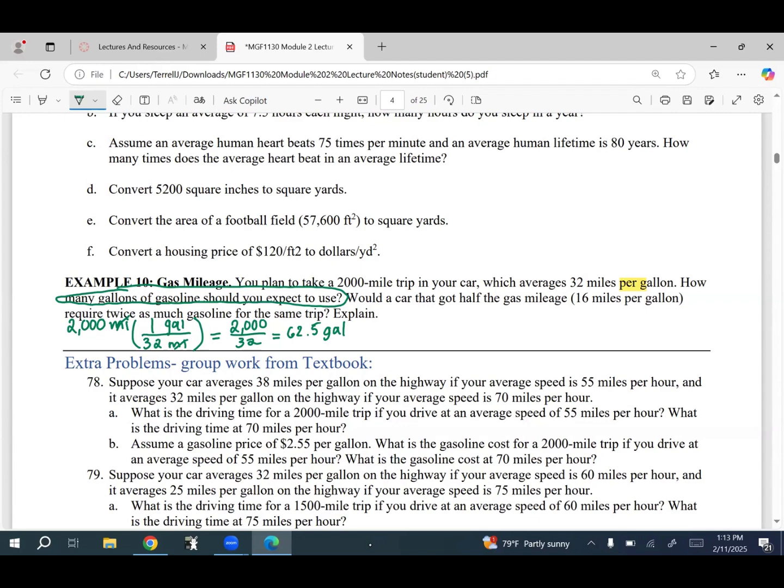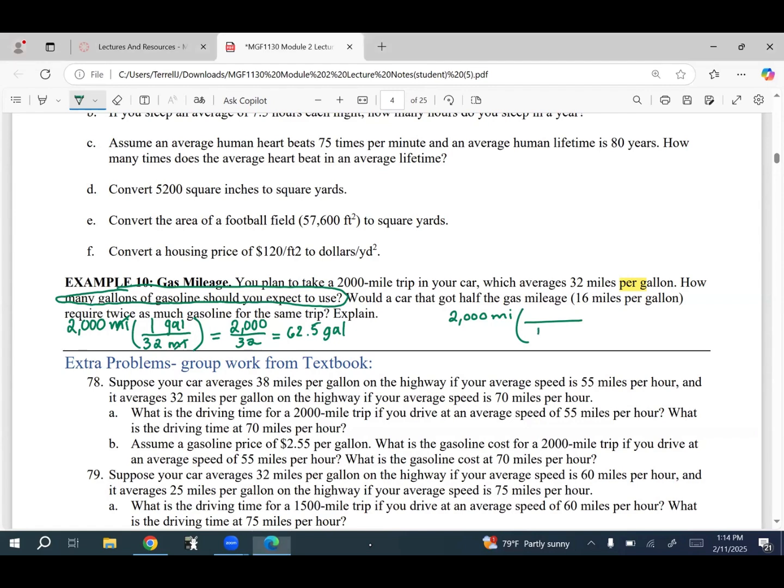Would a car that got half the gas mileage, meaning 16 miles per gallon, require twice as much gasoline for the same trip? So there's a way we can figure that out just mathematically, right? If I'm doing a 2,000-mile trip again, but this time, instead of 32 miles per gallon, this car takes half that gas mileage.